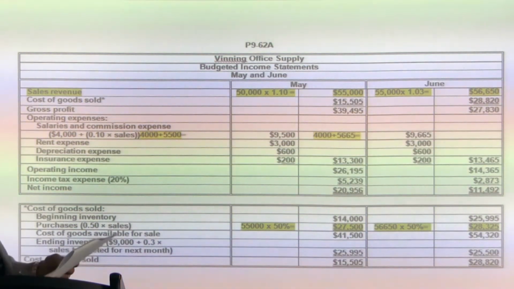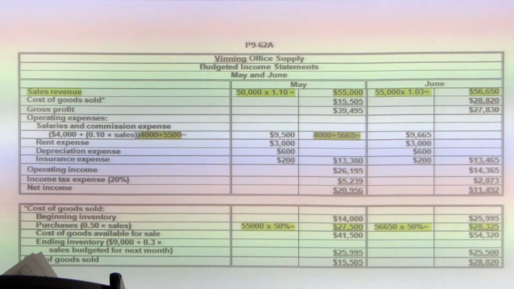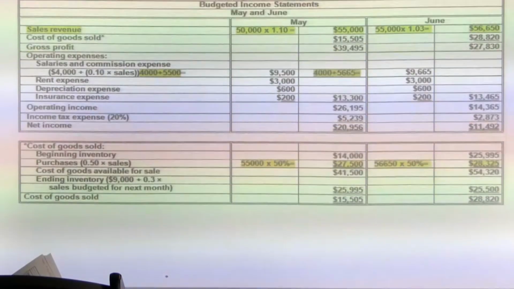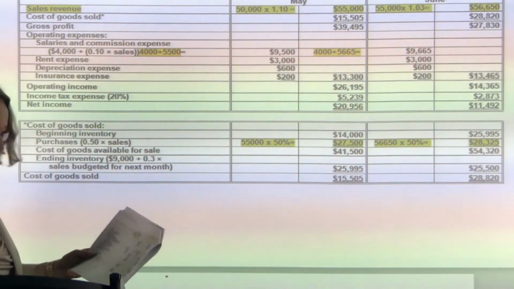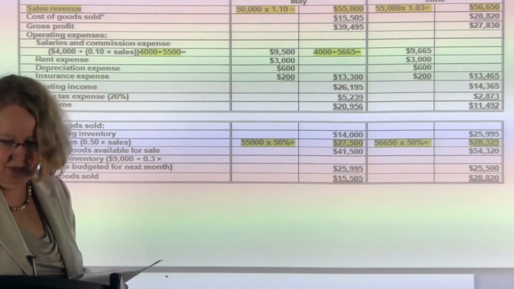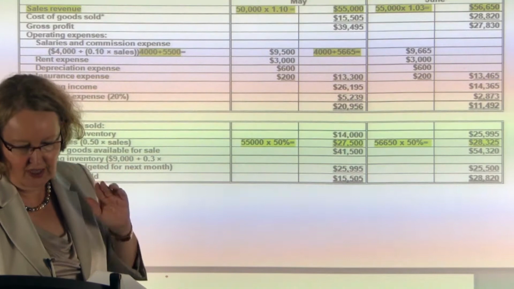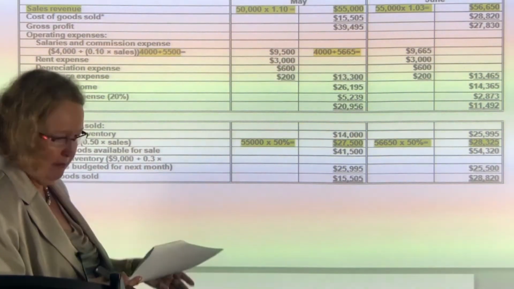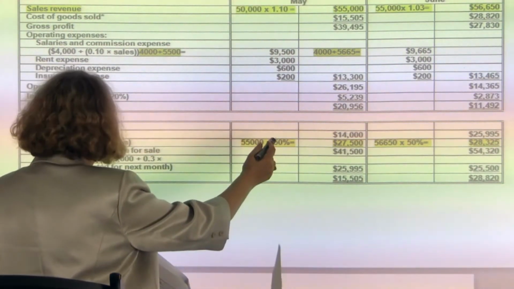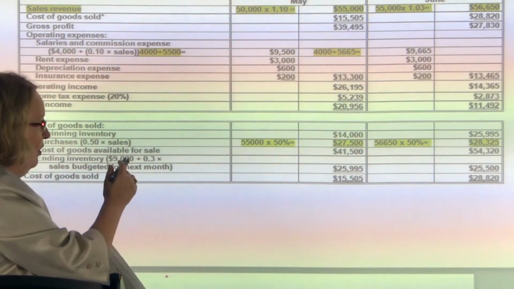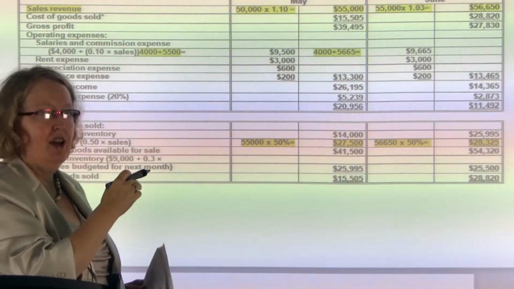So when you're looking at your cost of goods sold, we'll just go down here at the bottom and see how that's calculated. You are given your beginning inventory. That figure is given to you in the problem, the 14,000. That comes from section B in the problem, so that's where the 14 is coming from. Our purchases, we're told, are equal to 50% of the sales.